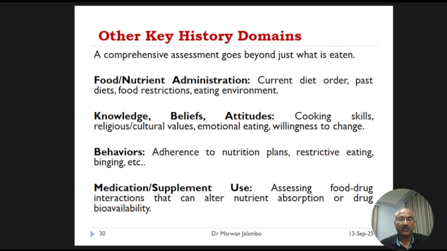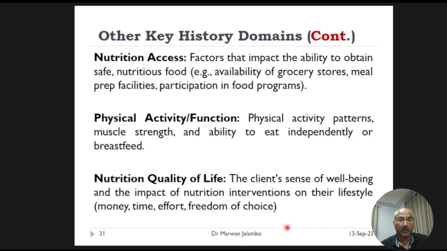And finally, we must get the medication and supplements. This is because of the high potential for food-drug interactions, where food or supplements can alter a drug's effectiveness, or drugs can alter nutrient absorption or metabolism. So now let's continue with the final few domains.